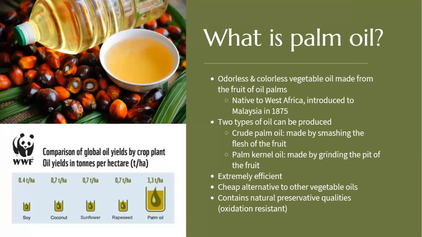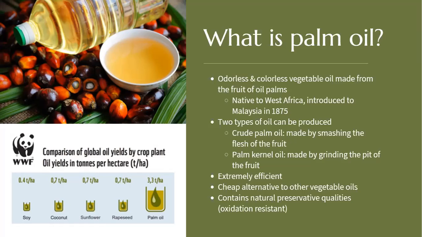But it was introduced to Malaysia in 1875, and as we'll talk about later, Malaysia is one of the top exporters of palm oil. Two types of palm oil can be produced from the oil palm. There's crude palm oil, which is from the flesh of the fruit, and palm kernel oil, which is from the pit of the fruit.